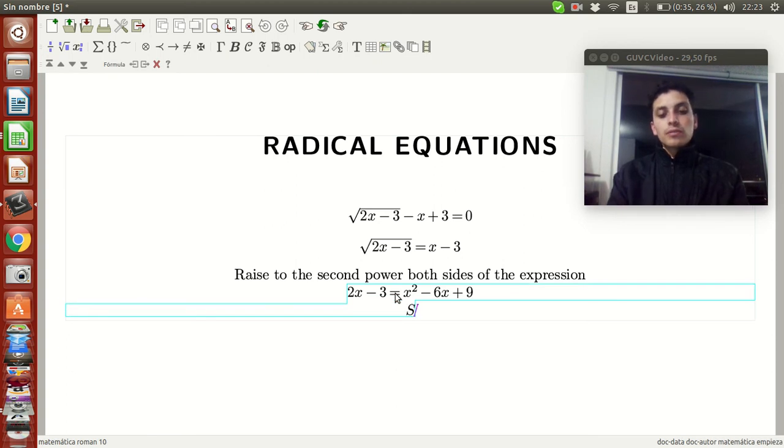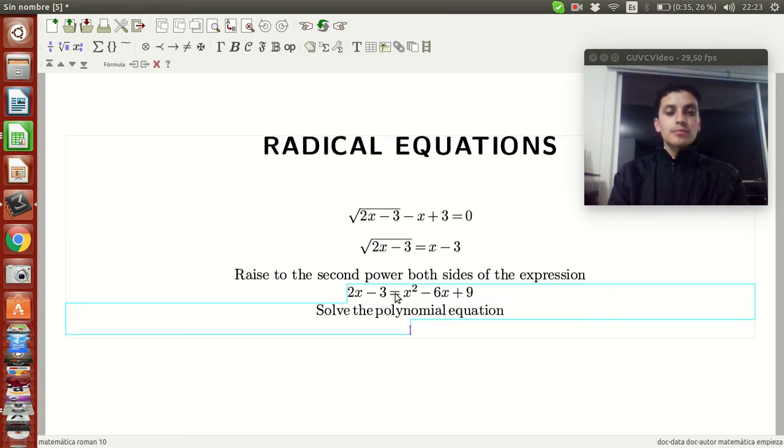So solve the polynomial equation. We're going to subtract 2 from both sides to have 0 equals 2x squared, minus 8x, add 3 on both sides, plus 12.